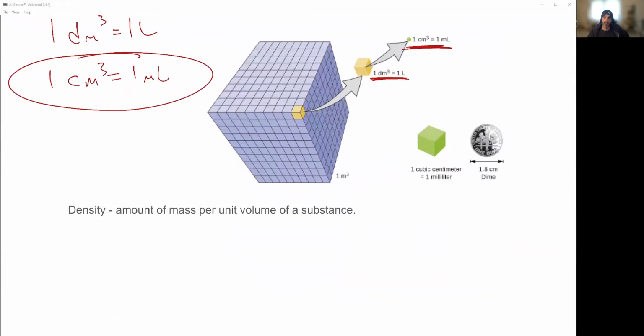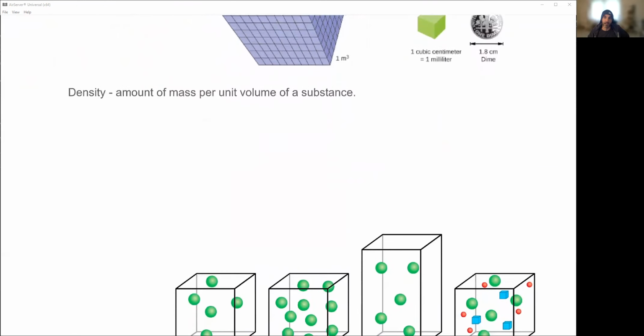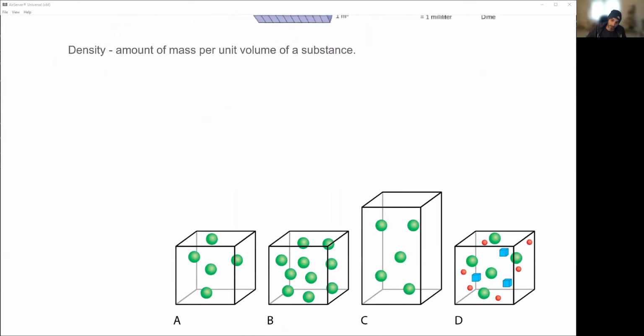Density is based on the mass and volume combined. So we know that D is equal to M over V. And again, this is going to come down to a derived unit as well. On top we have grams, and we determined earlier that volume is meters cubed, so grams over meters cubed, the amount of stuff within a given space.